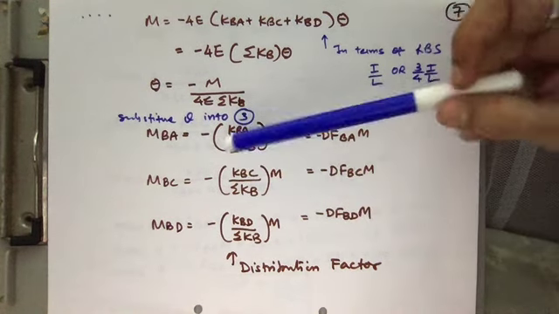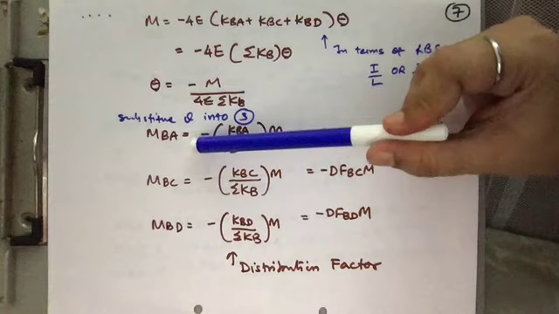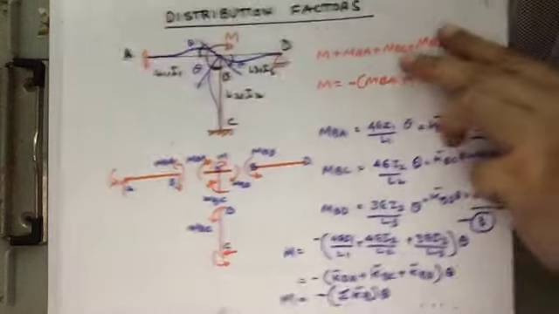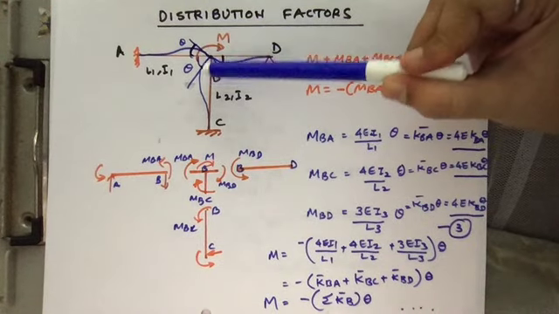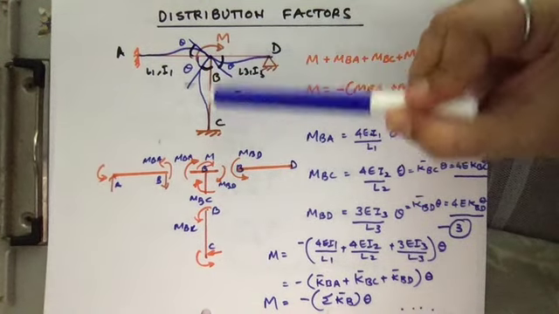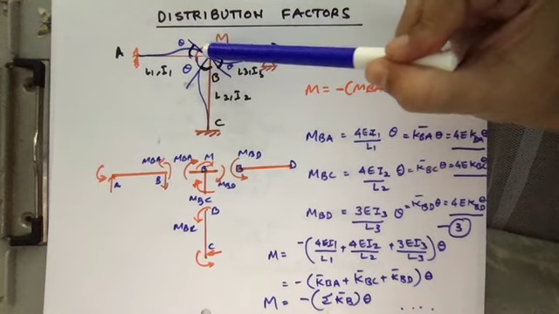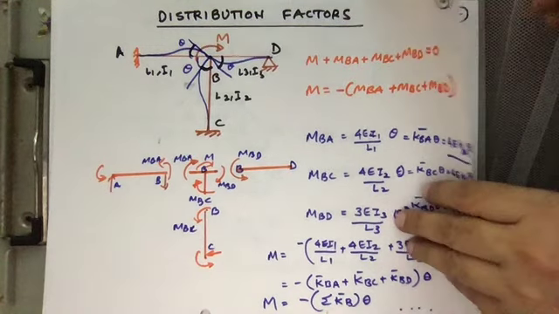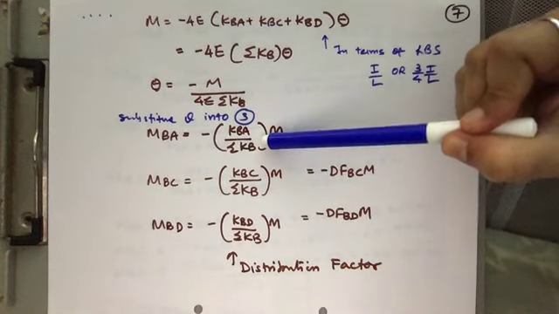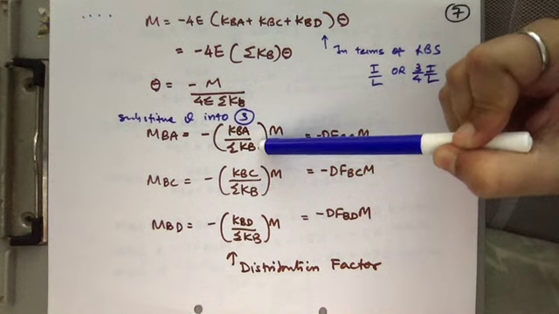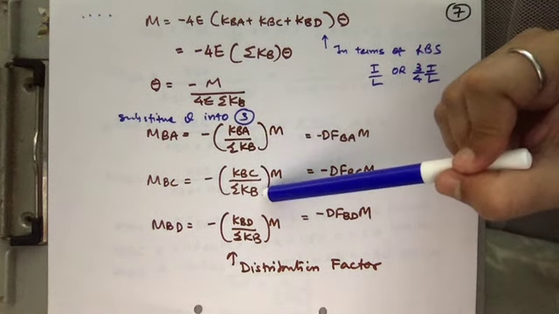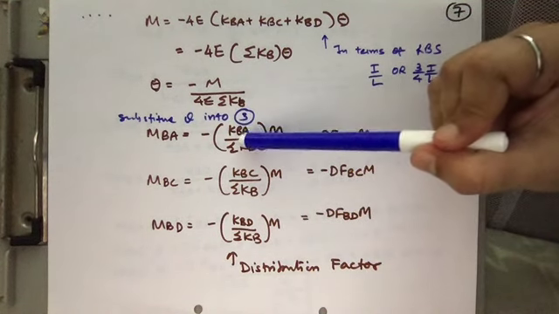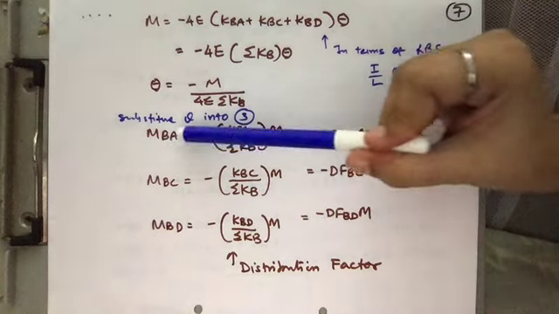For example, in this diagram, if BA is one member but BC and BD are also joining, then the total stiffness at this joint will be from all the members merging at that particular joint. We'll see more of this later when we solve the beam examples. This is just to give you an idea of how the distribution factor helps in distributing the applied moment among the members.